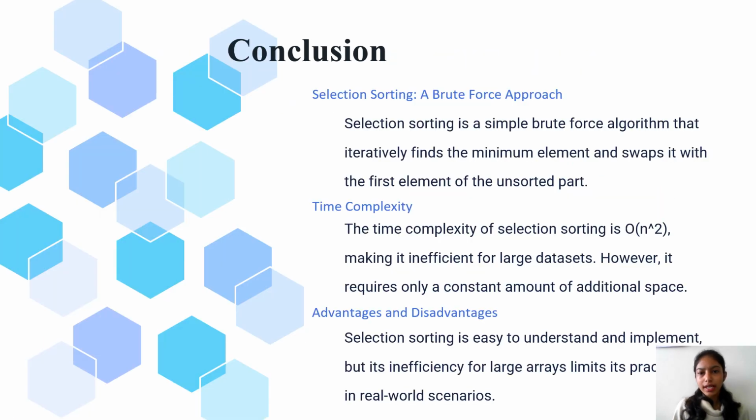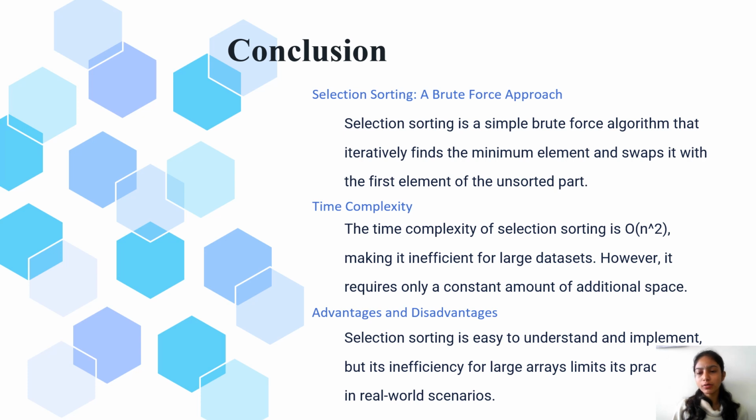Conclusion: selection sorting, a brute force approach. Selection sorting is a simple brute force algorithm that iteratively finds the minimum element and swaps it with the first element of the unsorted part. Its time complexity is O(n^2), making it inefficient for large datasets.